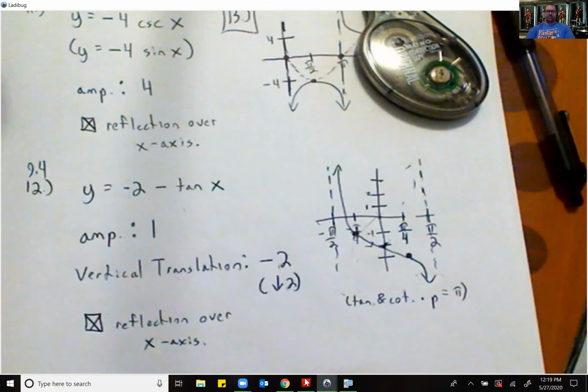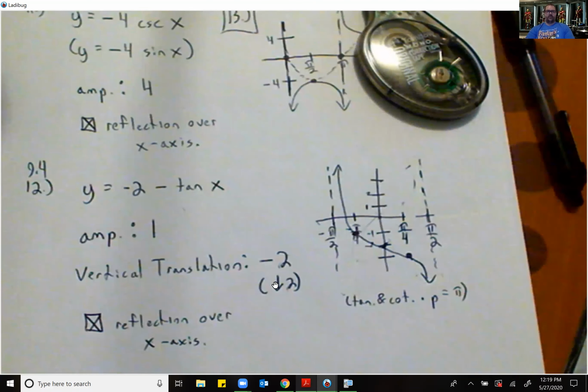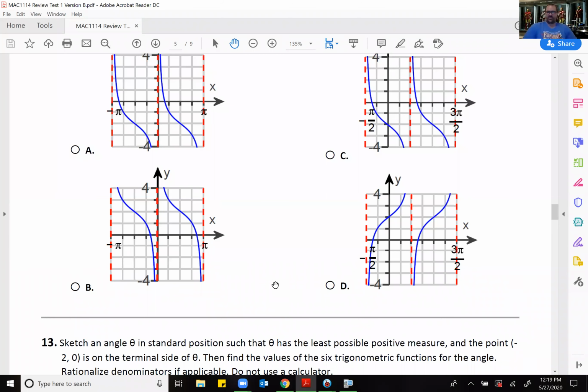And if we go into our graph, so we need something that's over. So see how this is at negative pi. This is at negative pi. We know it's not these two because it has to start at negative pi over 2. So A and B are out. So it's one of these two. So which one looks like it has reflected over the x-axis?